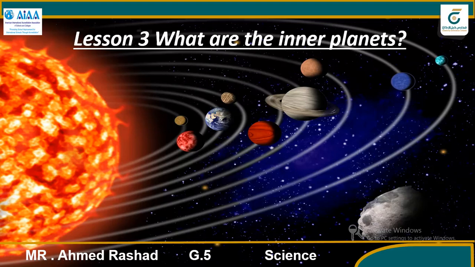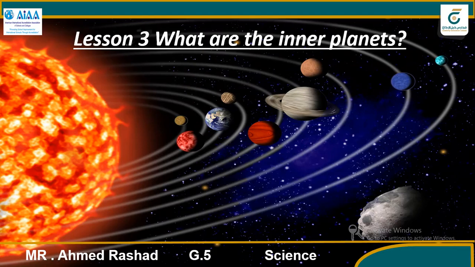So the differences between them include the characteristics of the surface and layers of these planets, the material they are made up of, and the distance between the sun and these planets. This lesson is only about the inner planets.